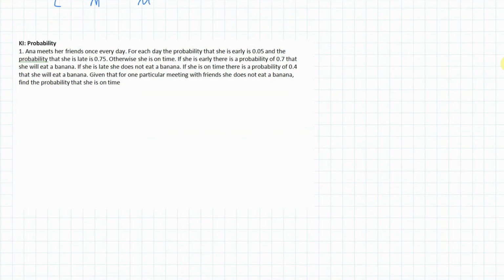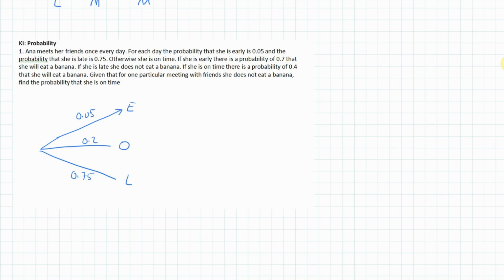Okay, so this can be early, this can be on time, and this can be late. So this is 0.75, 0.05 early, so it's one of those ones, and so this must be 0.2.